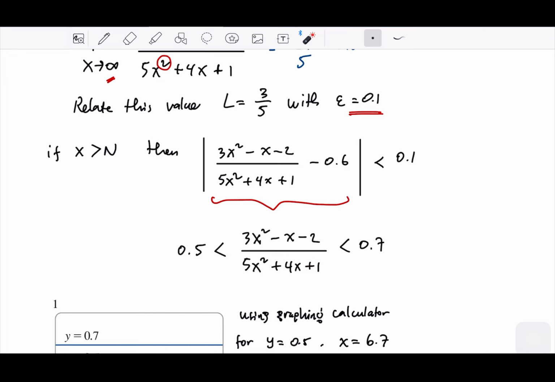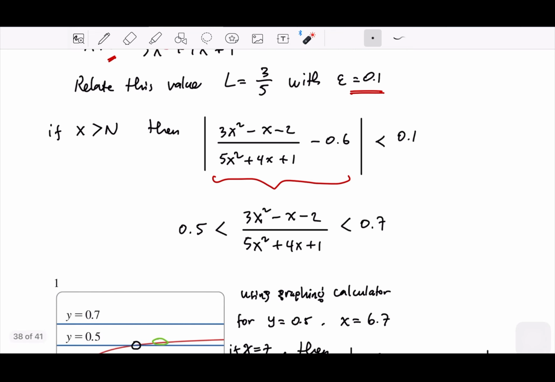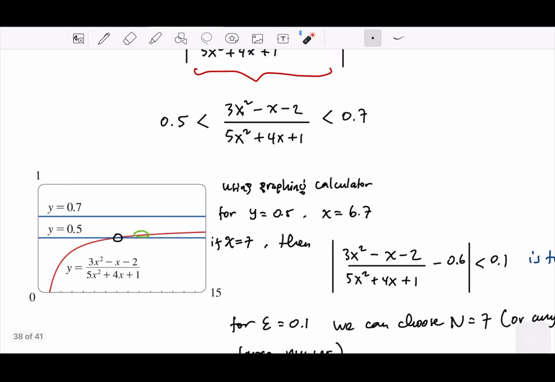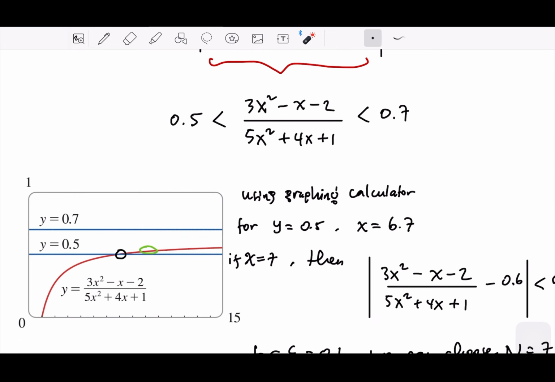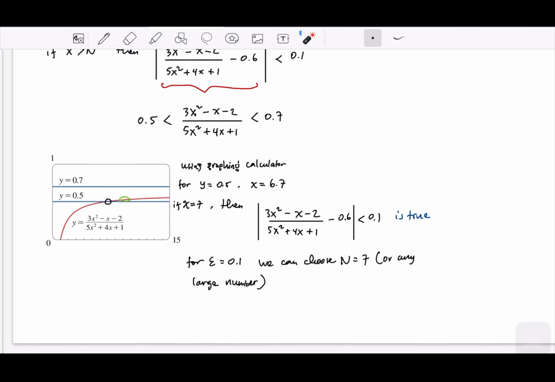So we could find y in between 0.5 and 0.7, and from that y we get some x. In our case, from y equals 0.5 first, we get around 6.7, and it's safe to say that if we increase this x, the point will be in between this condition here, which perfectly fits our precise definition. I hope you get my point.